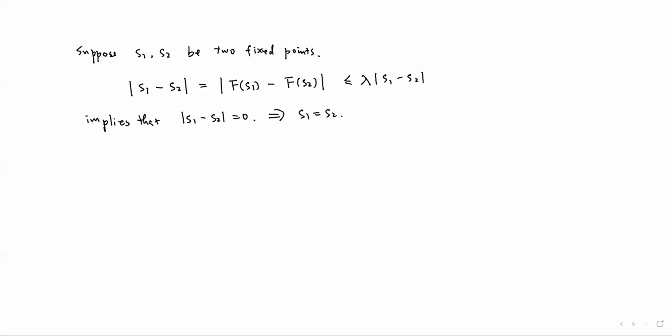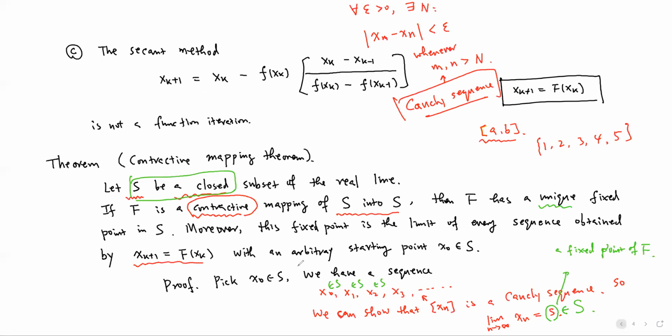Okay, unique. Now, I showed that if we arbitrarily pick a point x0 from S, the resulting sequence has a limit. The limit is a fixed point.